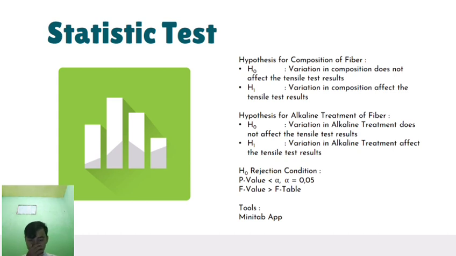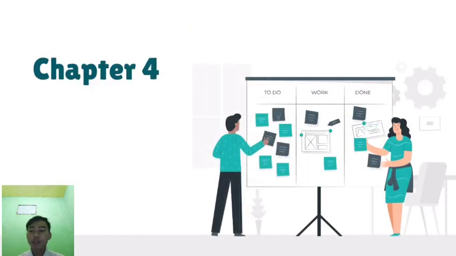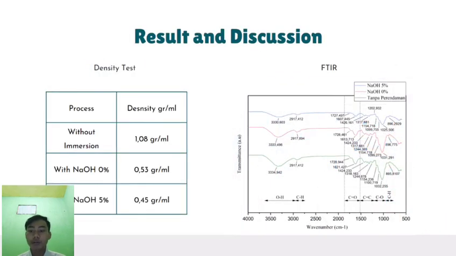Chapter 4. Results and discussion. Density test. These are some of the results from the density test. The benchmark, without immersion, is 1.01. Then after delignification with 0% NaOH for 2 hours, it decreased to 0.53.